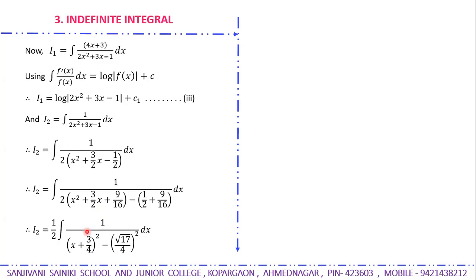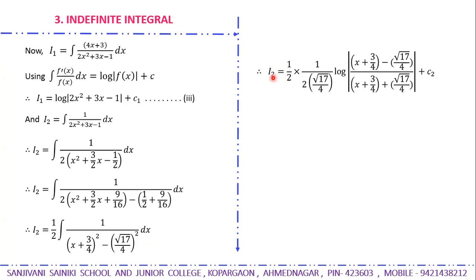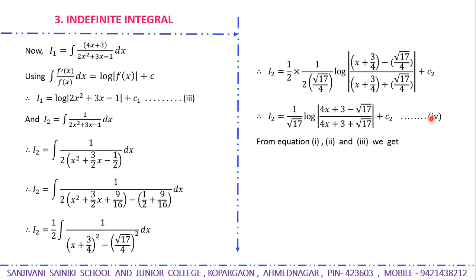The first bracket gives us x plus 3 by 4 bracket square, and the second is minus root 17 upon 4 bracket square. So I2 is equal to 1 upon 2 into 1 upon 2 root 17 by 4, because here 1 upon x square minus a square is there. So we have to use the formula 1 upon 2a log of x minus a upon x plus a. After simplifying it, you will get this integral.